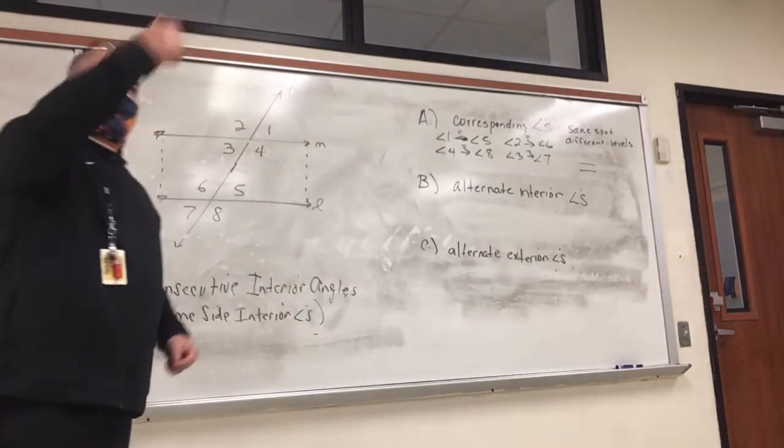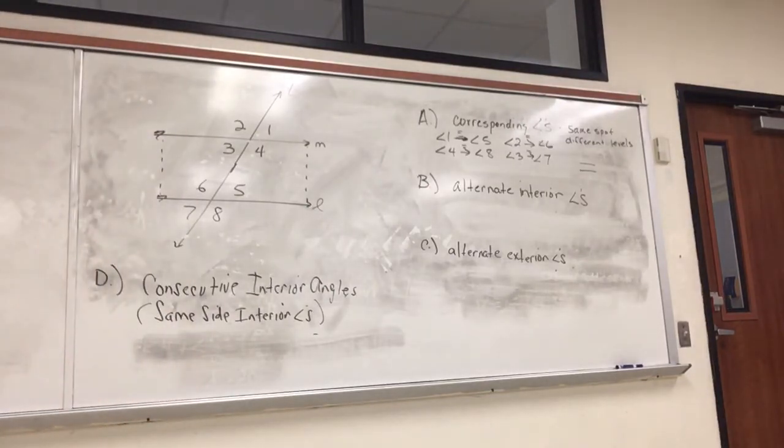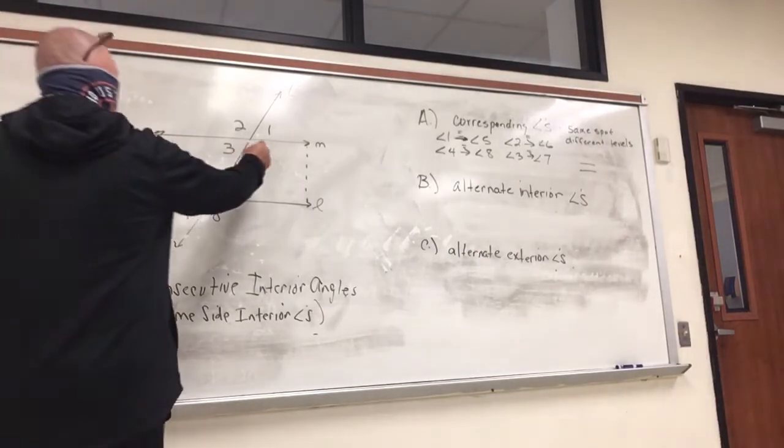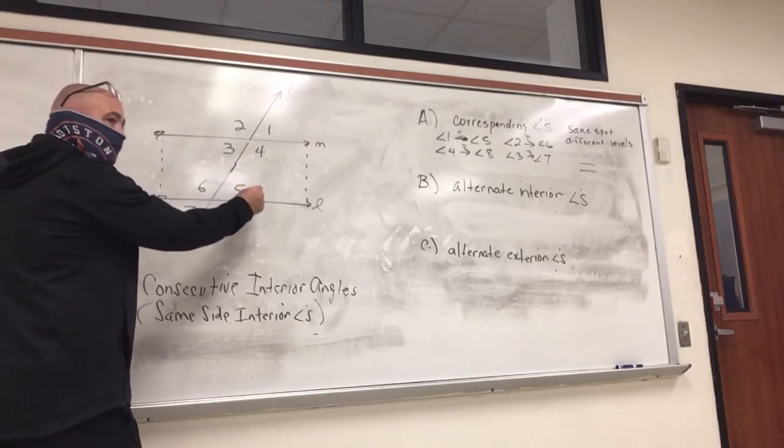So, the next one is alternate interior angles. So they alternate. This is how I define this. I don't know what the correct definition for it is. I don't really care. In my definition, they are caddy corner angles. So what's caddy corner to 4? 6. What's caddy corner to 3? 5.